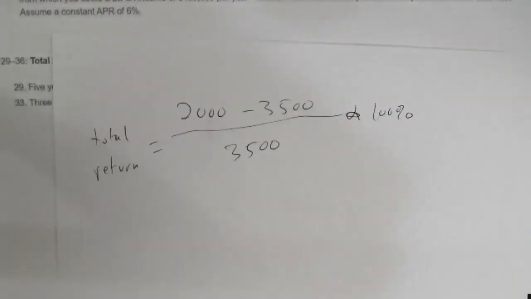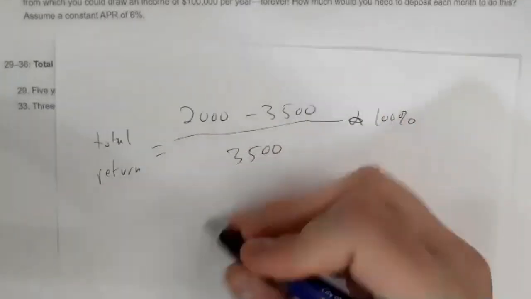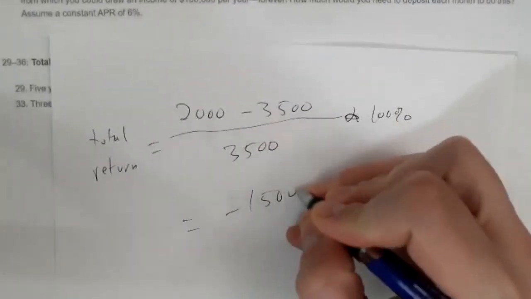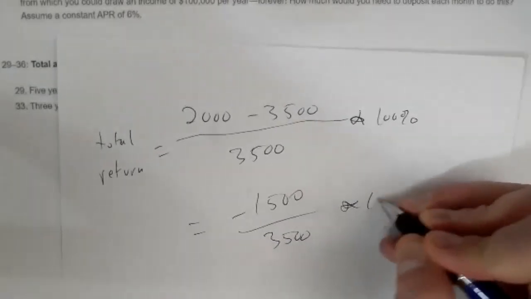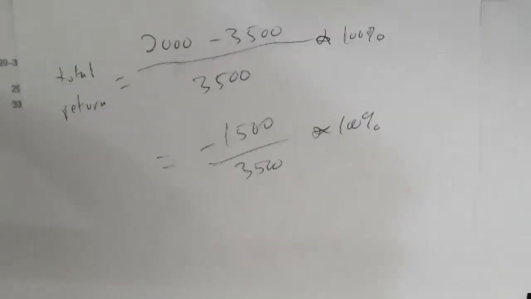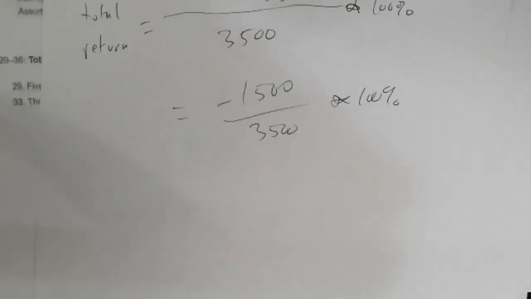And then there's one thing, I got to convert this to a percentage, but that's not a big deal. Let's just convert the decimal, right? So this thing, 2,000 minus 3,500 should be minus 1,500 over 3,500. What am I getting on this thing?